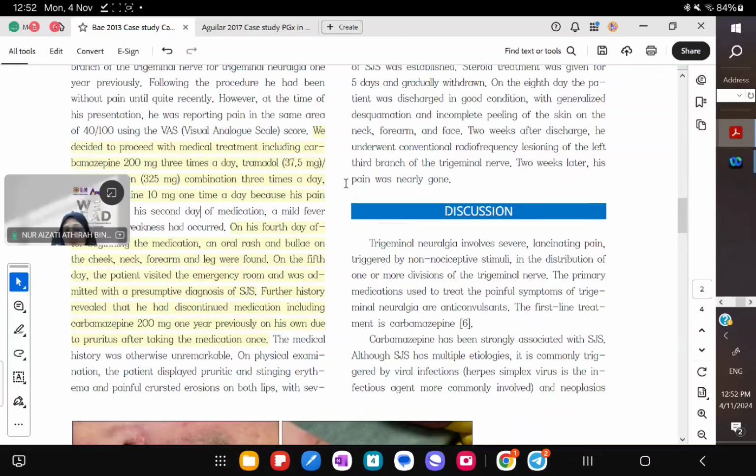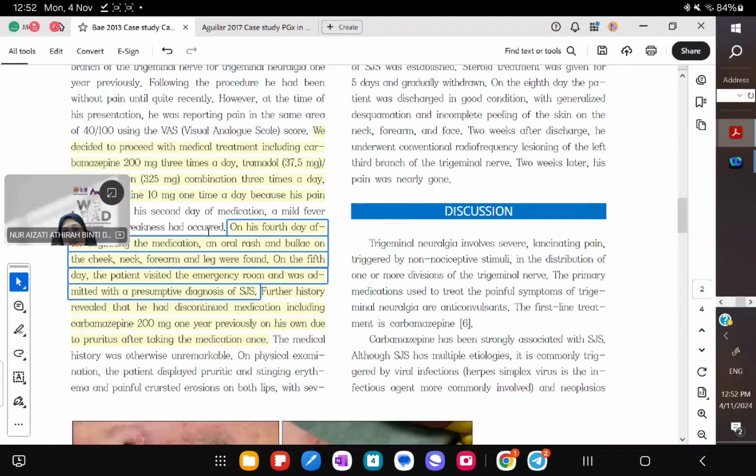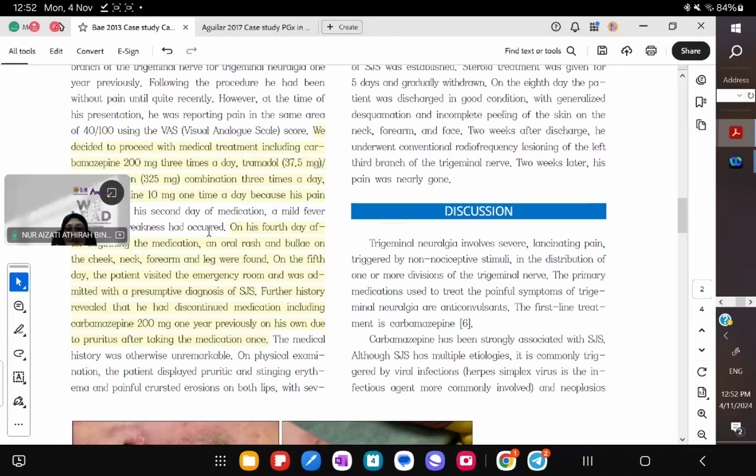Biasanya patient dapat fever dulu, ada mouth discomfort in the mouth and in the throat. Maksudnya patient tu develop that signs and symptom earlier because this is actually the second exposure dah sebenarnya. Patient had developed this pruritus before. So that's why the second exposure dia dapat lebih cepat dan it can cause a SJS symptom lebih awal.